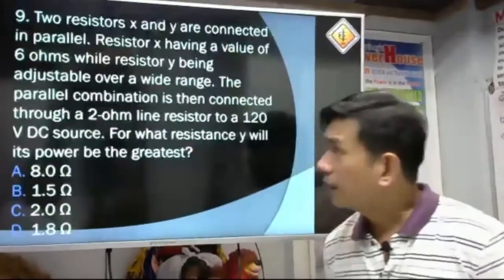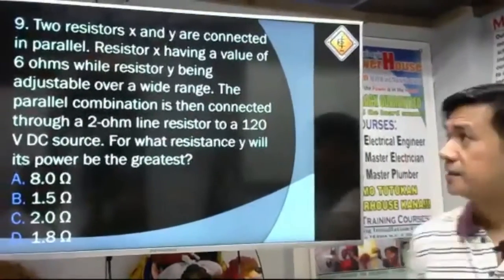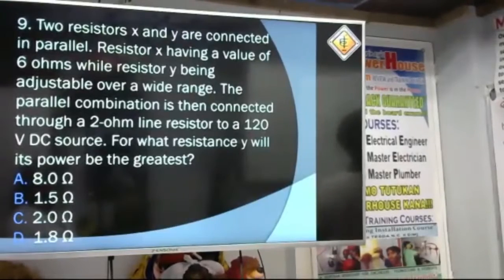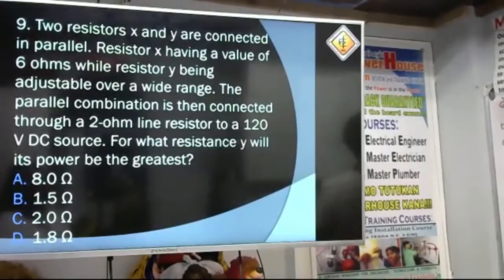Okay, let's go now with number 9. Problem number 9. Okay, number 9. So, two resistors X and Y are connected in parallel. Resistor X having a value of 6 ohms, while resistor Y being adjustable over a wide range.